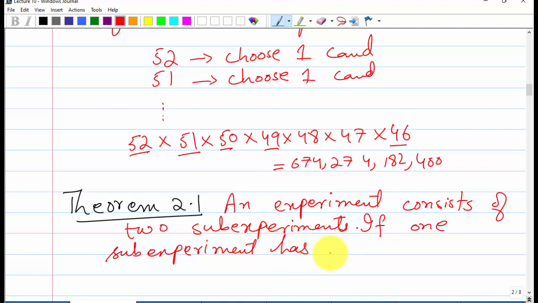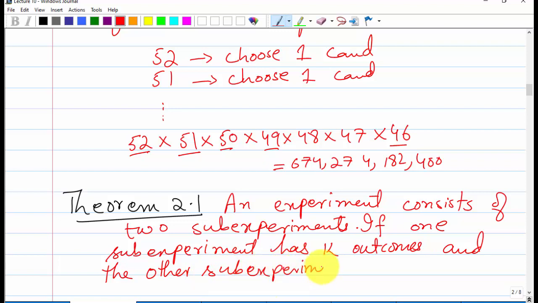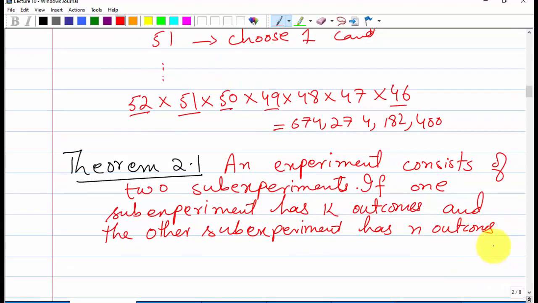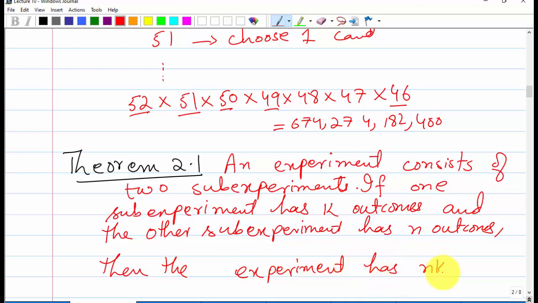has k outcomes and the other sub experiment has n outcomes, then the experiment has nk outcomes.